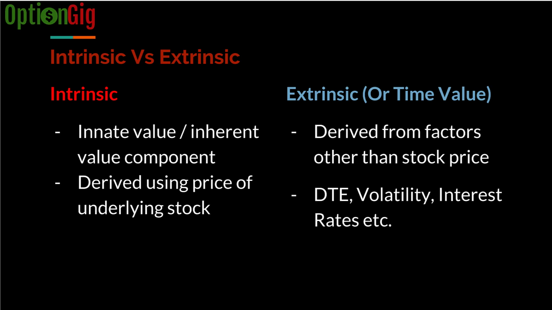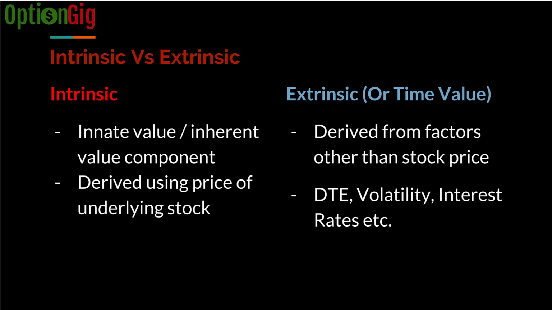Now, extrinsic is derived from other factors outside of the stock. Some of those factors are how many days are left to expiration, what's the volatility of the stock, what's the interest rate scenario in the current market. So these factors also determine the price of options, and the component of option pricing which is determined by these factors is called the extrinsic component.